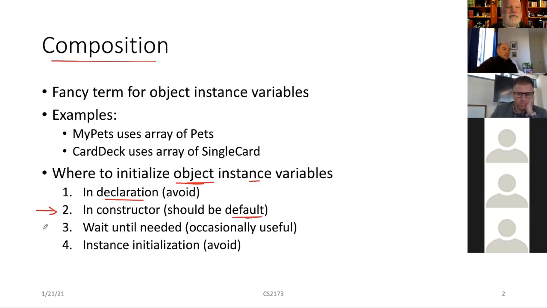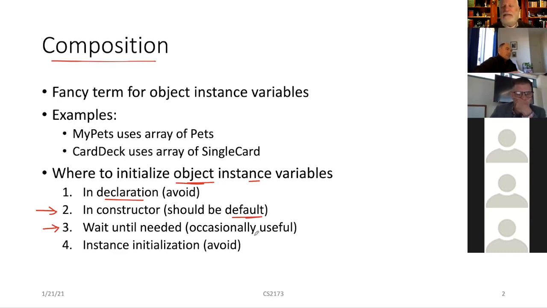Now, there's another approach, which is becoming less important as computers get more and more powerful. This is something called lazy instantiation. And that is, instead of instantiating your objects immediately, like in the constructor, wait until they're needed.